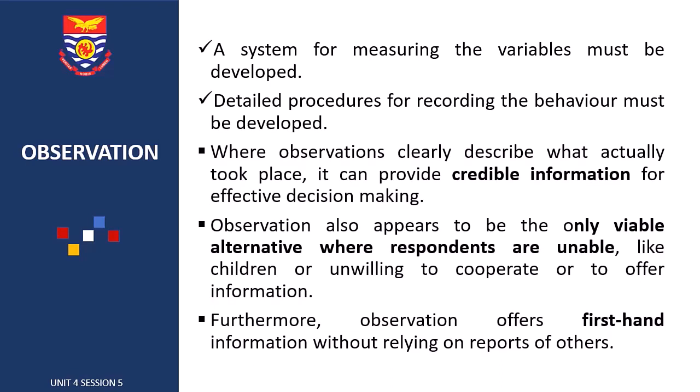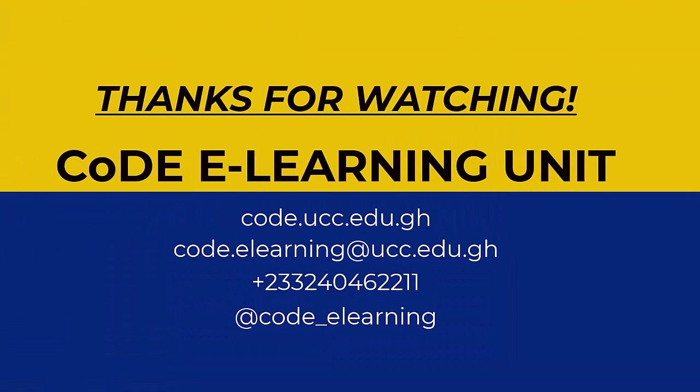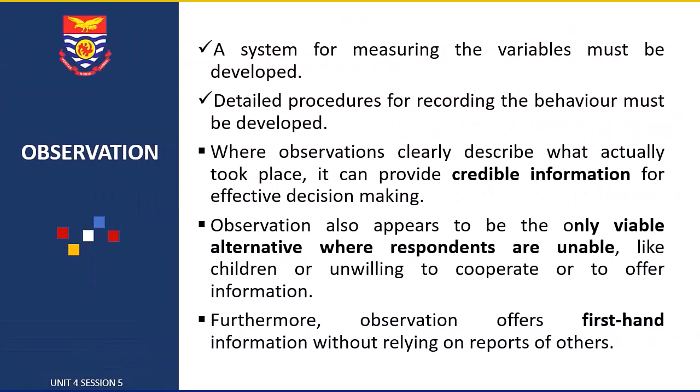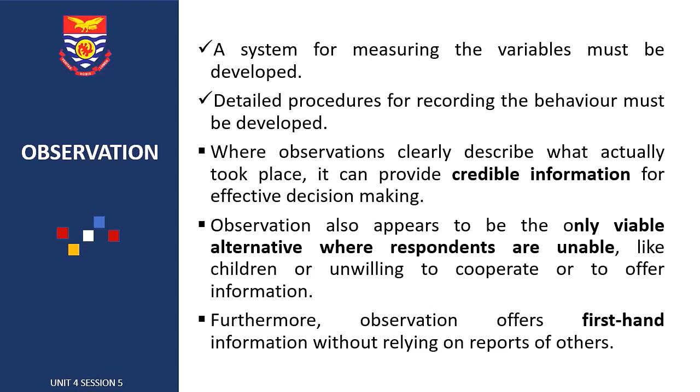When observations clearly describe what actually took place, they can provide credible information for researchers. This is one of its advantages, the provision of credible information. Observation also appears to be the only viable alternative when the respondents are unable, like children, who cannot give the information you need, or are unwilling to offer the information.